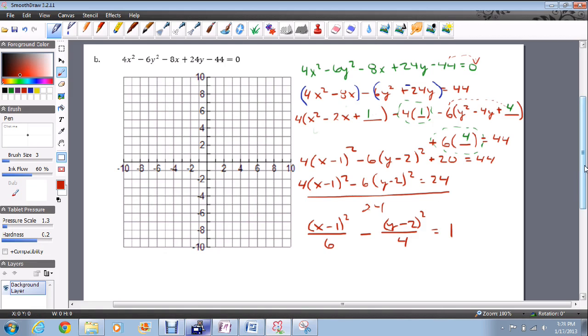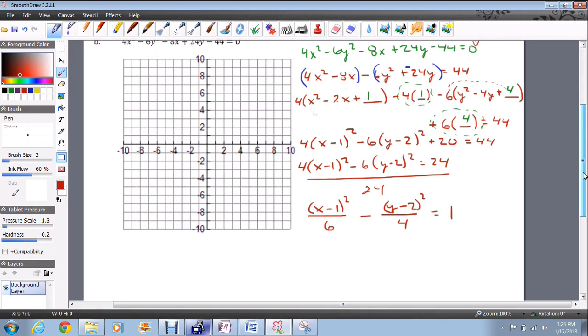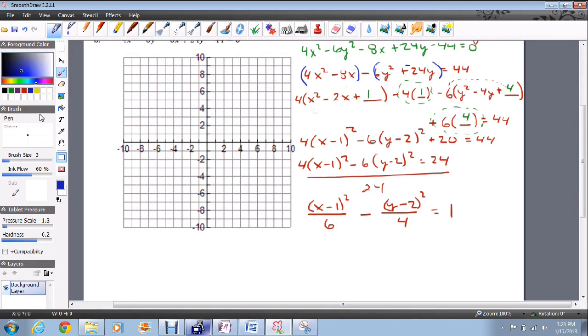So before I identify the vertex or begin to graph this, I want to make a note that, remember, the numbers down here that we use to graph, we don't want to use the 6 and the 4. It's kind of tempting, but we want to use whatever squared equals 6 and whatever squared equals 4 in order to graph our hyperbola. So I want to say, alright, well, what's the square root of 6?